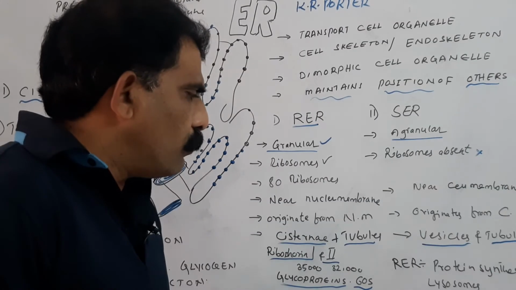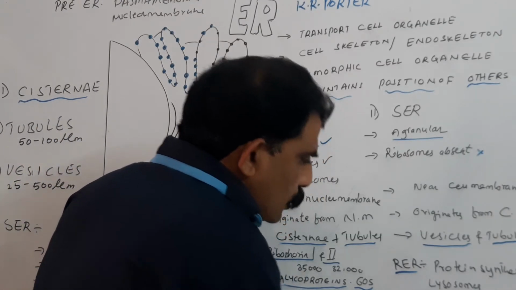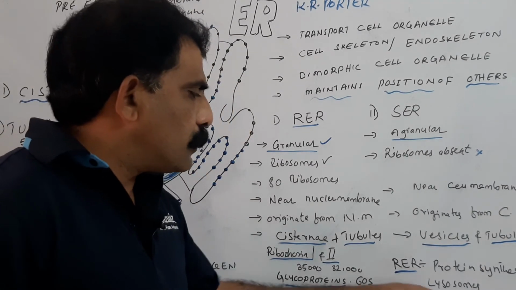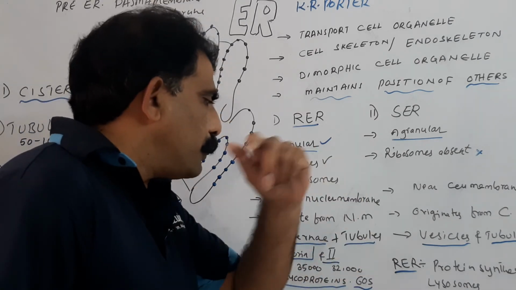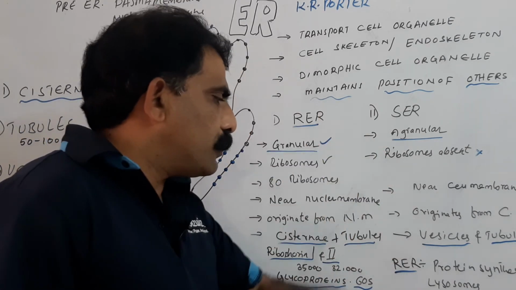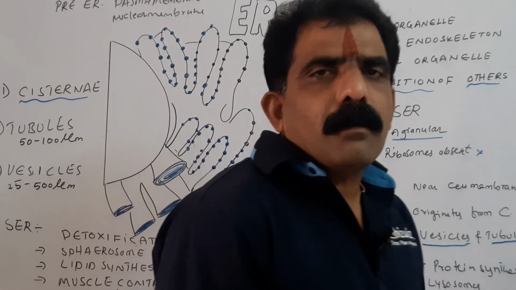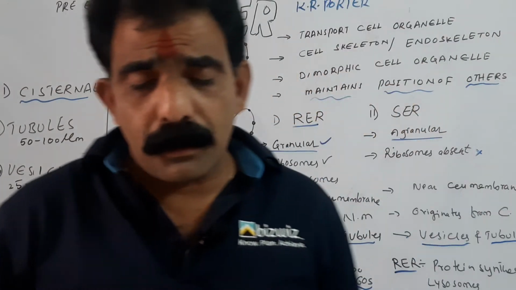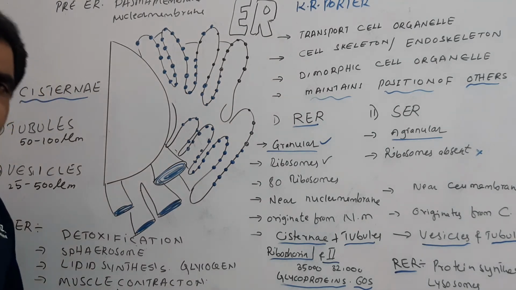So lysosomes are also formed. The rough endoplasmic reticulum also gives rise to smooth endoplasmic reticulum, so the biogenesis of smooth endoplasmic reticulum is from rough endoplasmic reticulum. The main function of the rough endoplasmic reticulum is protein synthesis, as it consists of ribosomes.